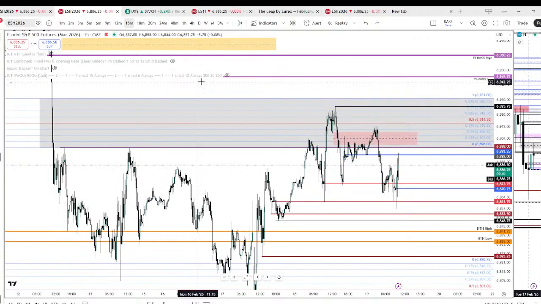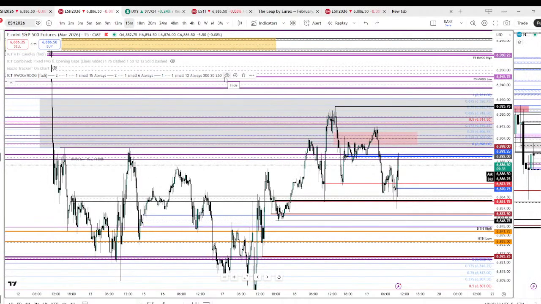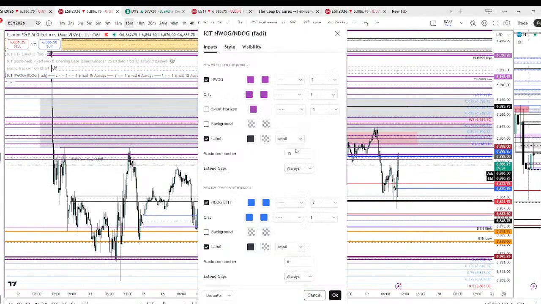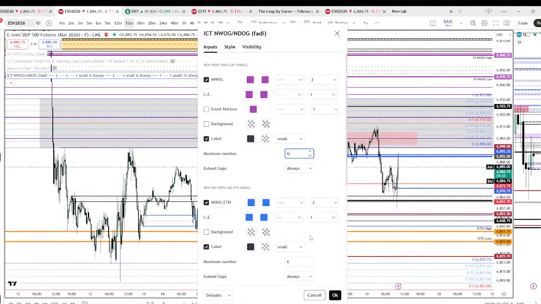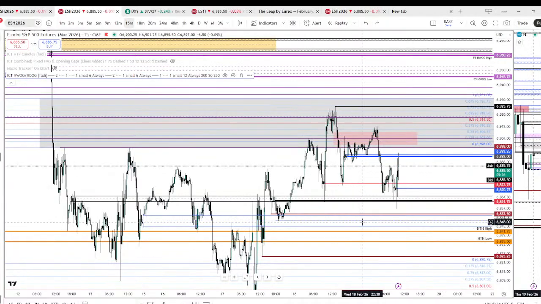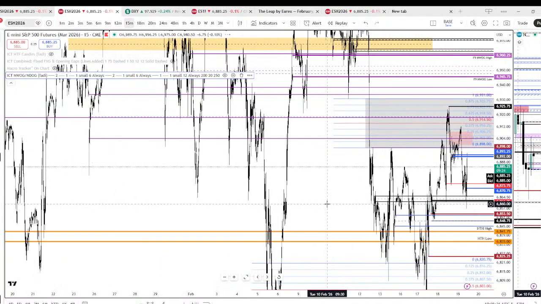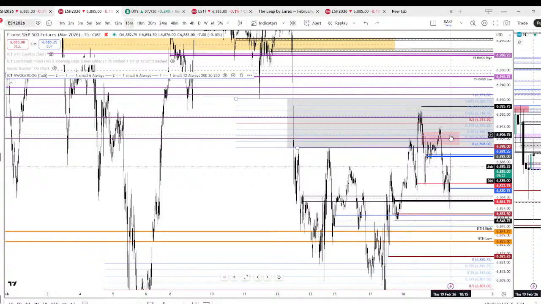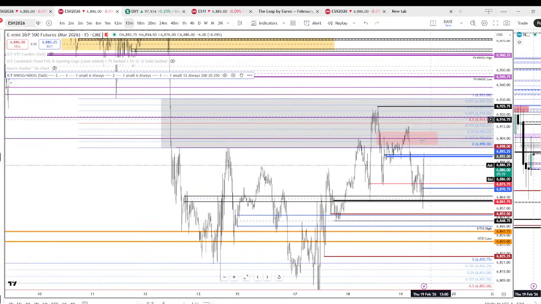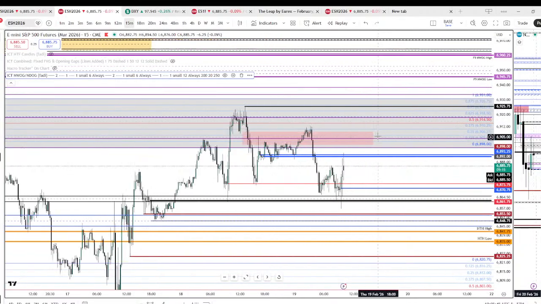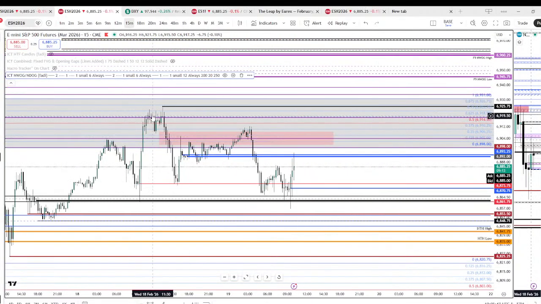If we actually bring in some of those, this is a lot. Keep it around 6 there. So we have this new week opening gap that we've tapped into. Notice this right on that 50% level.